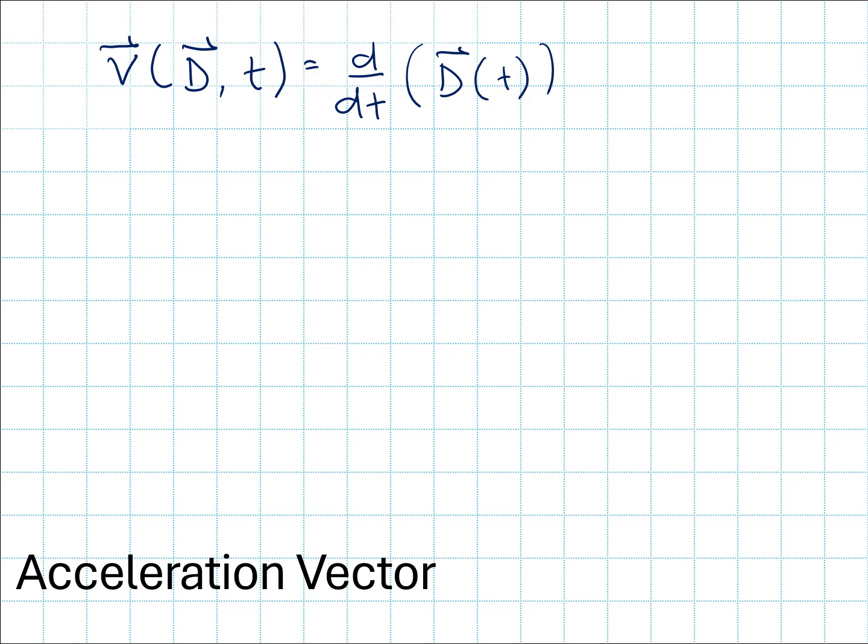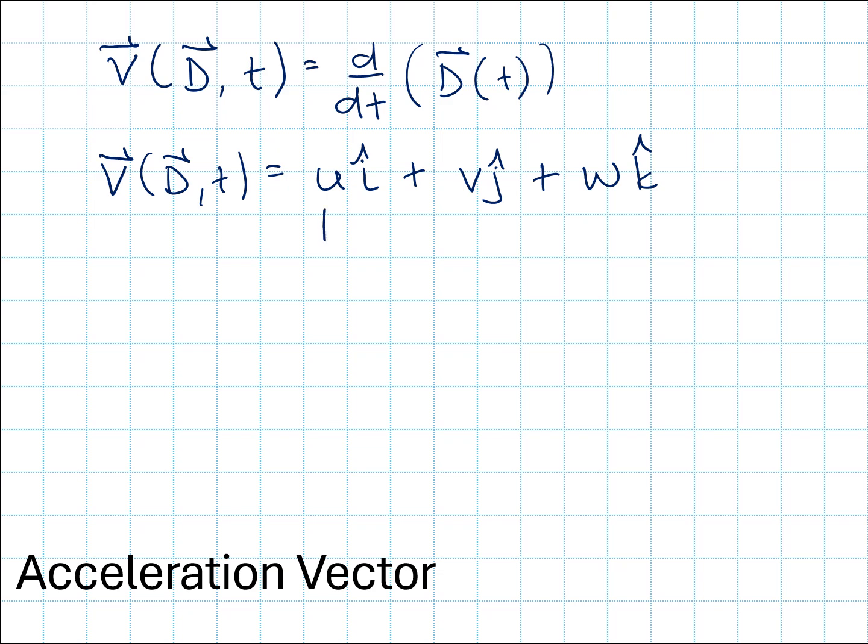And so after differentiating displacement with respect to time, we were able to rewrite the velocity vector like this, where i, j, and k respectively are my unit vectors in the x, y, and z direction, and my u, v, and w are the velocity components in x, y, and z.